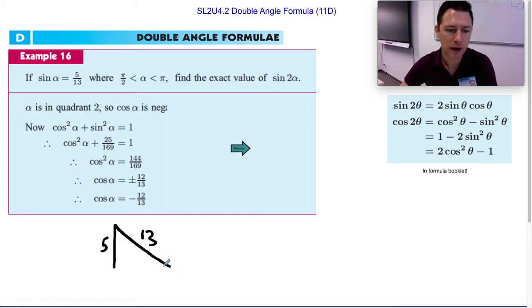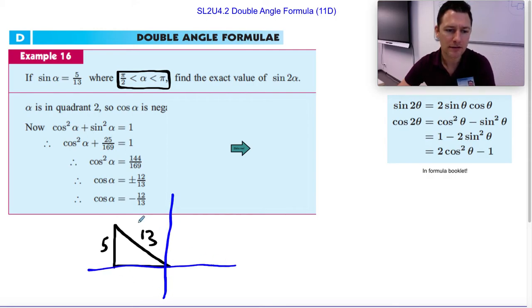I chose to write it this way, sort of backwards, because I know my angle is between pi halves and pi, so I know in my unit circle it's in the second quadrant. And so if you use Pythagorean theorem, this ends up being 12, but since it's in the second quadrant, it becomes negative 12. So the cosine of that angle is adjacent over hypotenuse, negative 12 over 13.